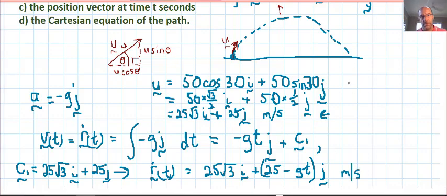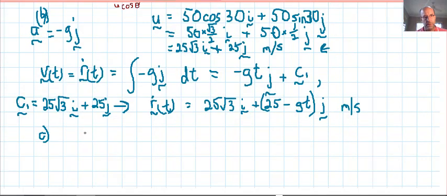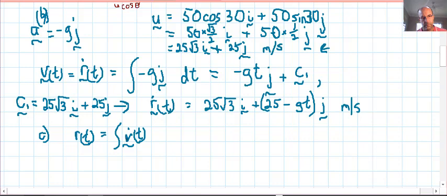Okay, third part, the position vector at time t, so it's the general position vector r of t, which is the integral of what we just had.